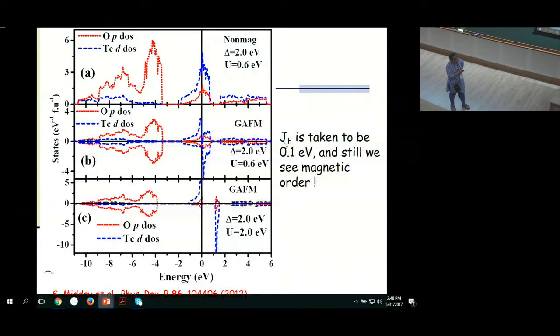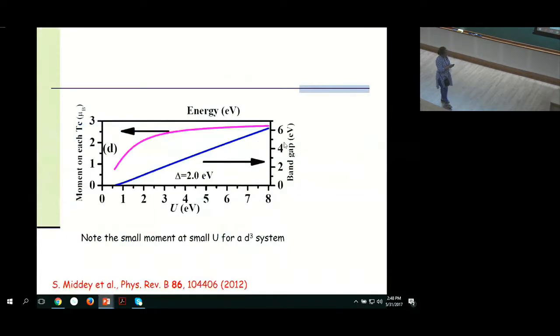As a result of nesting, a gap opens up even at a small value of U. We then varied U and examined various solutions. What you can see is that even when the gap opens up, the magnetic moment at the technetium site is very small compared to what you would expect for a d3 system. It's less than 1 Bohr magneton, and it increases as you make the system more localized.